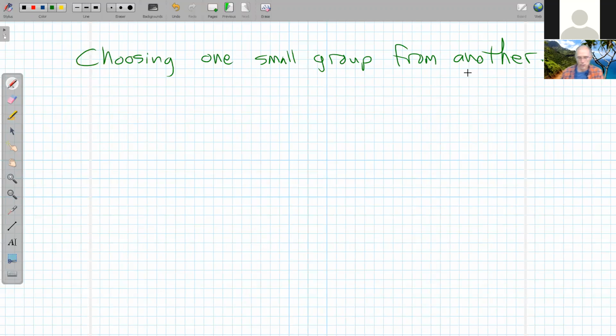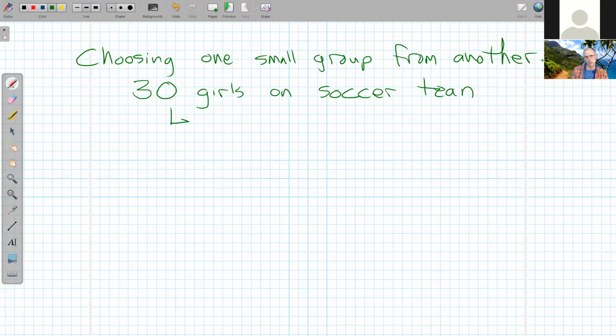A lot of examples of this come up. I used to coach middle school soccer, and typically the middle school girls, we bunch them all together, and we might have 30 kids on the team. So there are 30 girls on a soccer team. And then from those girls, I have to choose a captain, or the team has to choose a captain.